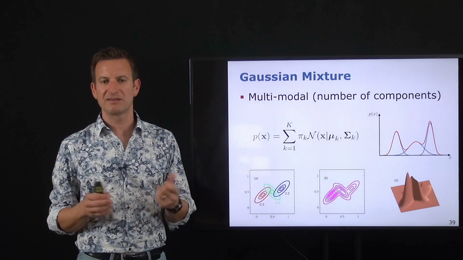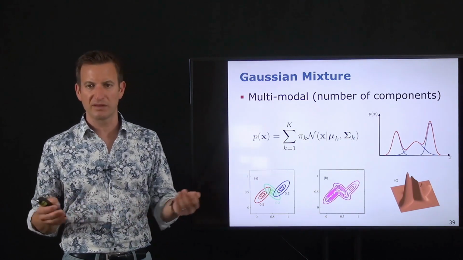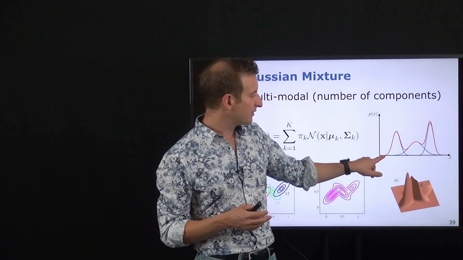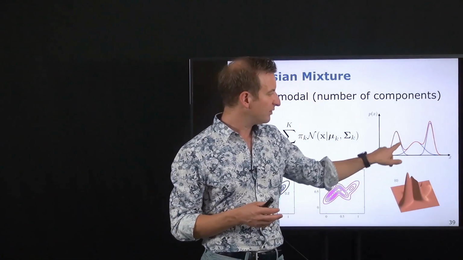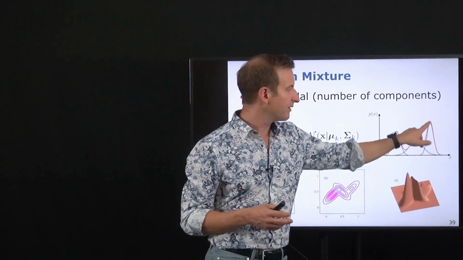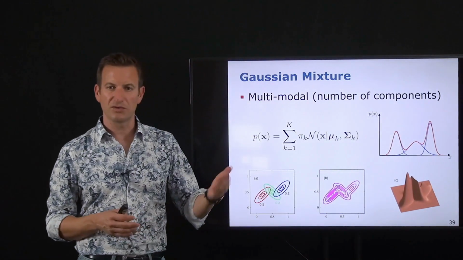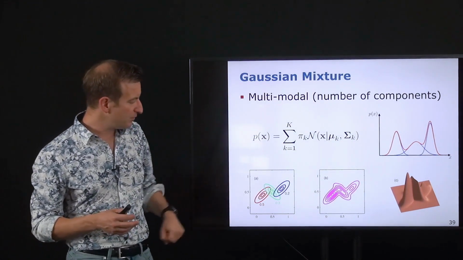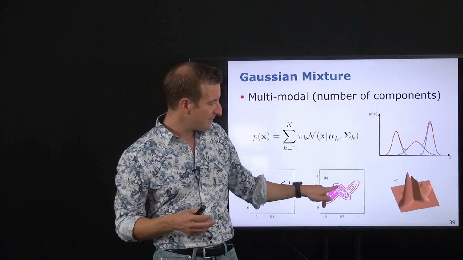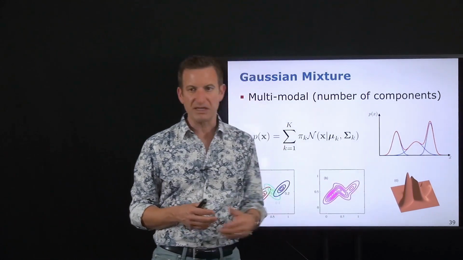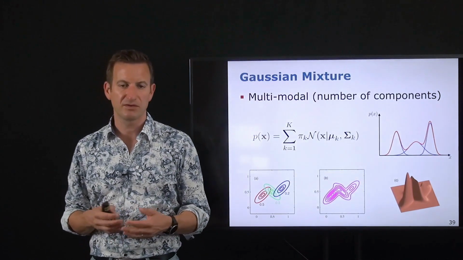We make sure we normalize them so that the integral is 1 and it's still a probability distribution. By using three Gaussians, one over here, a second over here, and a third over here, we can represent this red function. We can do this in 1D and in multiple dimensions. For example, here with three two-dimensional Gaussian distributions, these are my isosurfaces, and this is a 3D visualization of this distribution.